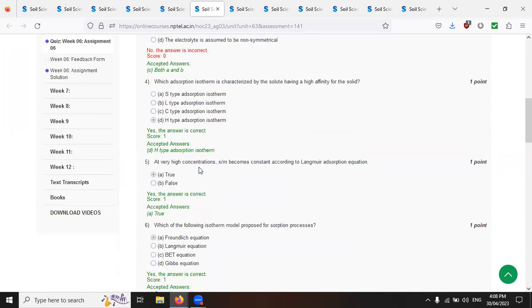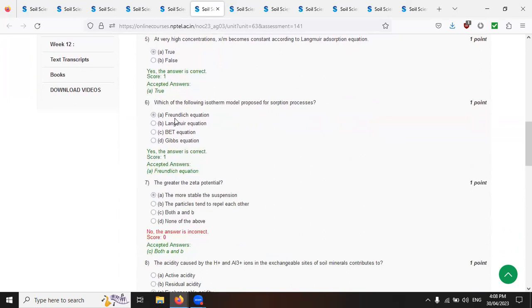The H-type adsorption isotherm. At very high concentrations, Xm becomes constant according to Langmuir's adsorption equation. Is it true or false? It's true. Which of the following isotherm models proposed for sorption processes? Freundlich. The greater the zeta potential, the more stable it is. The particles tend to repel each other.